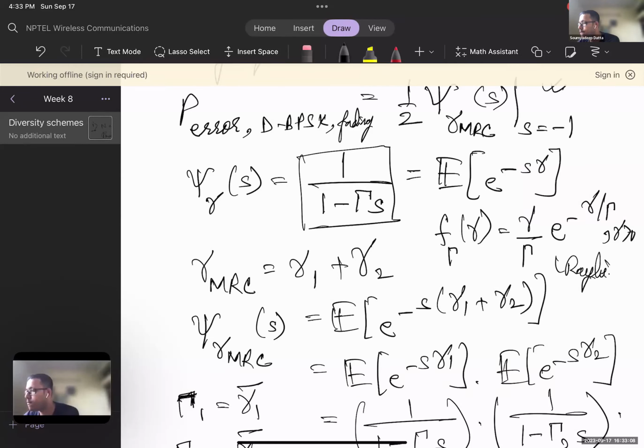For Nakagami m fading, this also has to be calculated at s equal to -1. This is there in the lecture notes also, that this fading formula is something totally different.